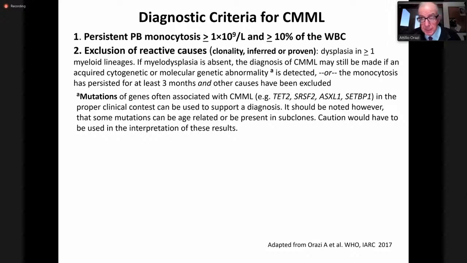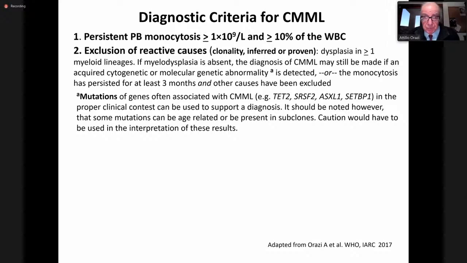WHO says at least 10% in a given line. Let's say you find 20% of pseudo-Pelger cells in the peripheral blood. Yeah, that would be dysplasia. You find very severe dyserythropoiesis or dysmegakaryopoiesis, that would be dysplasia. So this is a way to infer clonality. You don't prove clonality, but it's likely clonal.